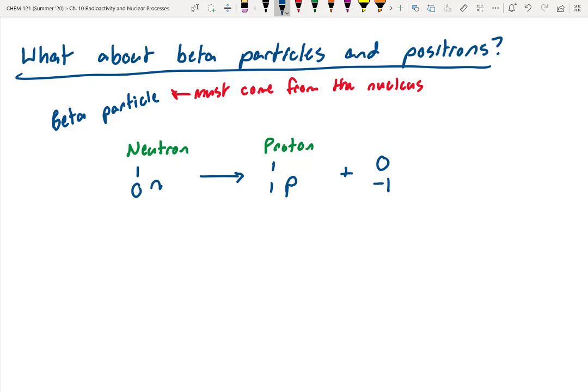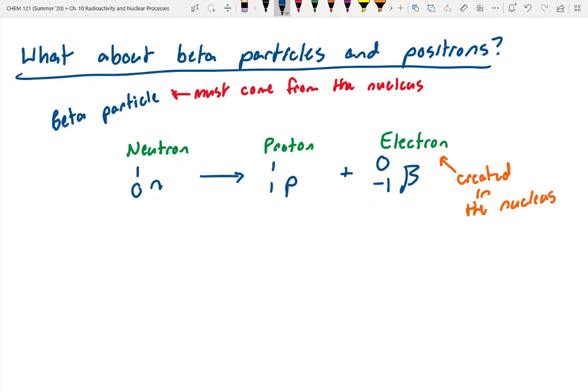Well, during this process where a neutron changes into a proton, we're essentially creating an electron in the nucleus. So this is created in the nucleus by converting a neutron to a proton, right? So very weird. That's why we use this -1 number down here.